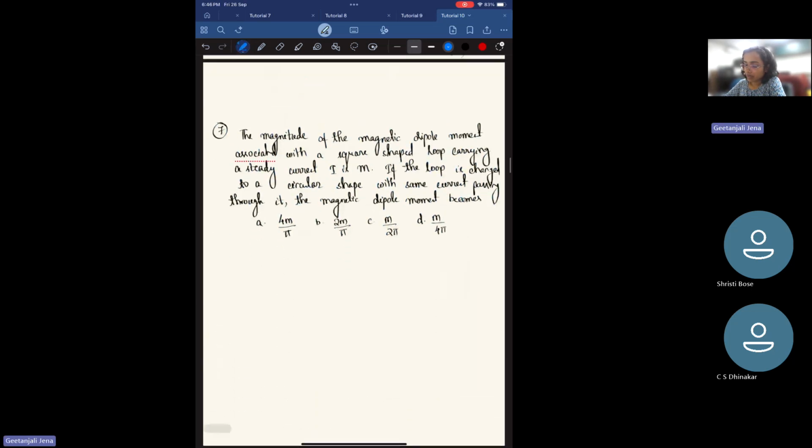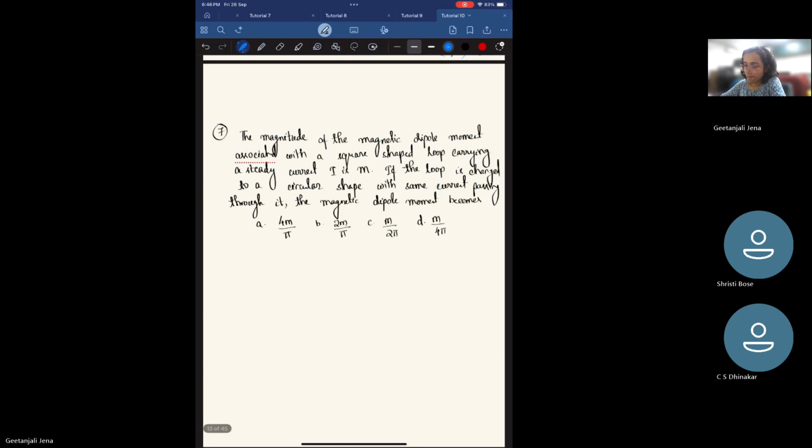Okay, so let us move to our next problem. The magnitude of magnetic dipole moment associated with a square shaped loop carrying a steady current I is M. Now we are transforming this square loop to a circular shape, which has the same current I passing through it.